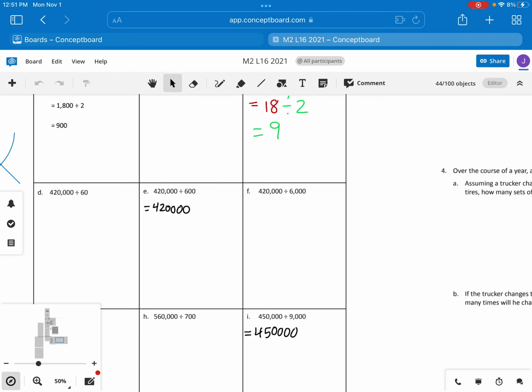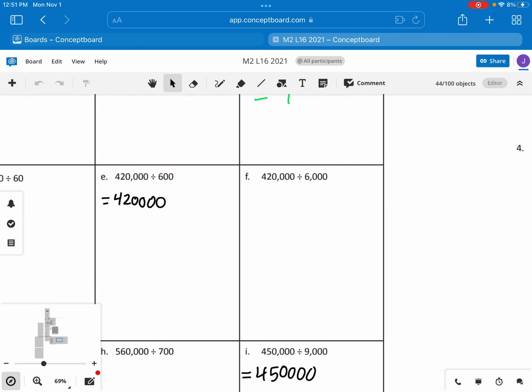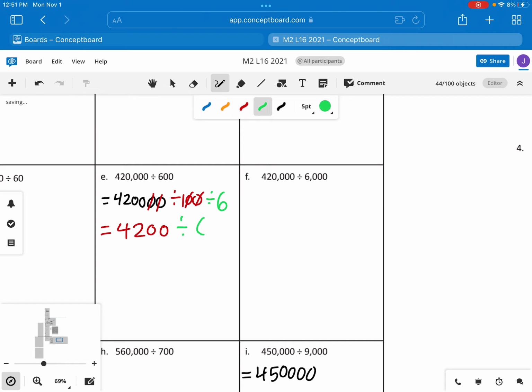All right, for this one, we're going to divide by 100 first, because we have 600. So I'm going to divide the 6 at the end. So I'm going to divide by 100, which is going to take away 2 zeros. Then I'm going to divide by 6. Now this is where you need your multiplication tables.